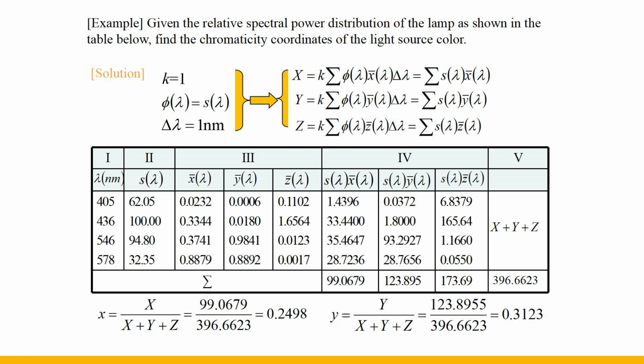Calculate that the x and y coordinates are 0.2498 and 0.3123 respectively. According to the calculation result, the color can be determined on the CIE 1931 chromaticity diagram.